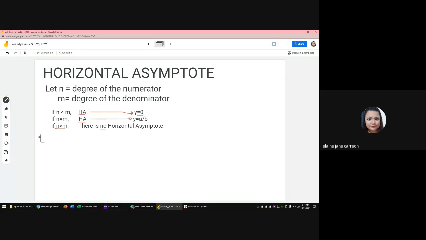Example number 1 is m of x is equal to x over 9x squared minus 1.